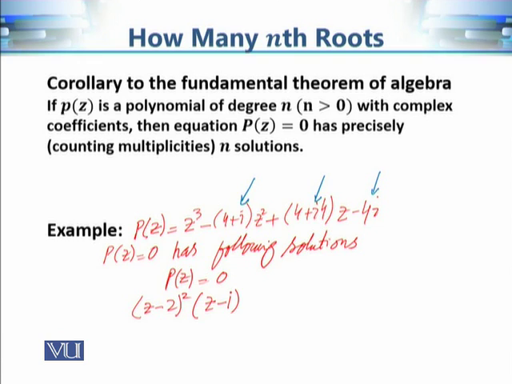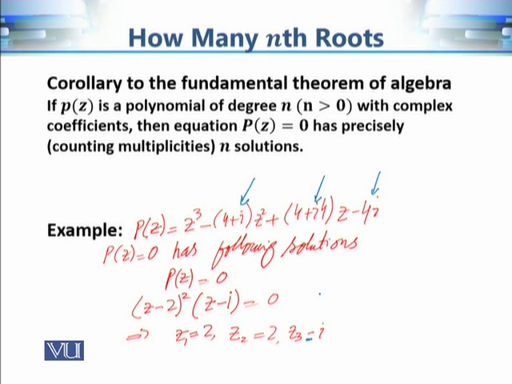So, in other words, what are the roots of this polynomial? Now, we can factorize this polynomial into the following factors: (z minus 2) square multiplied by (z minus i). So, in other words, we can say that this polynomial has the following roots: z1 equal to 2, z2 equal to 2, and z3 equal to i.